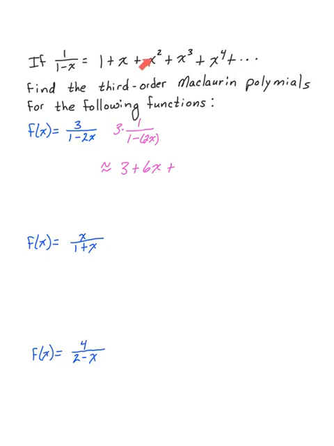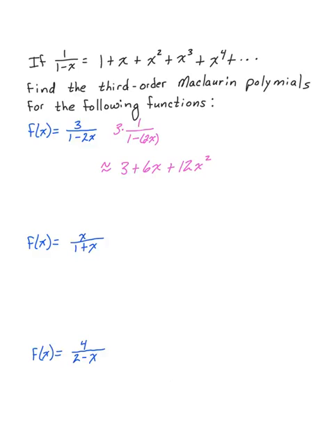All right, now we replace this x with 2x. And if you square 2x, that's going to give you 4x squared, which we then multiply by 3, which will give us 12x squared. And we are looking for a third order Maclaurin polynomial.